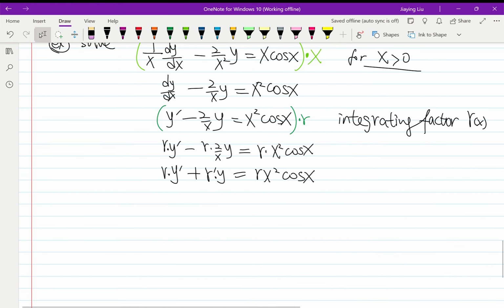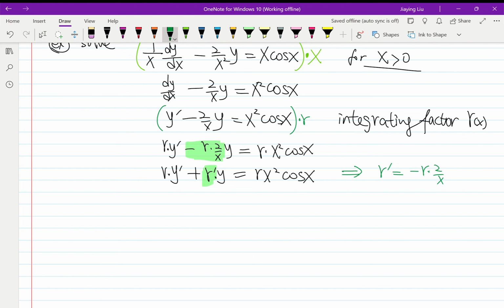And by writing it in this way, we know what the derivative of r corresponds to, right? Let me highlight. This derivative of r corresponds to this expression above with a negative sign. And I'm actually going to note that on the side. So note that r prime is equal to negative r times 2 over x, when we line up the terms correctly.